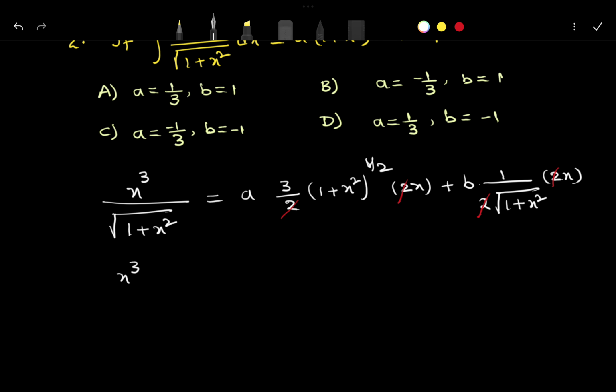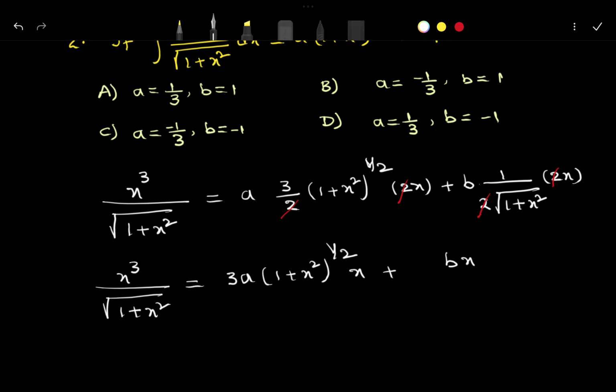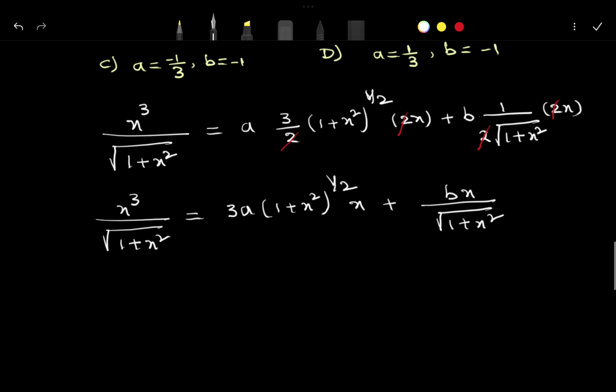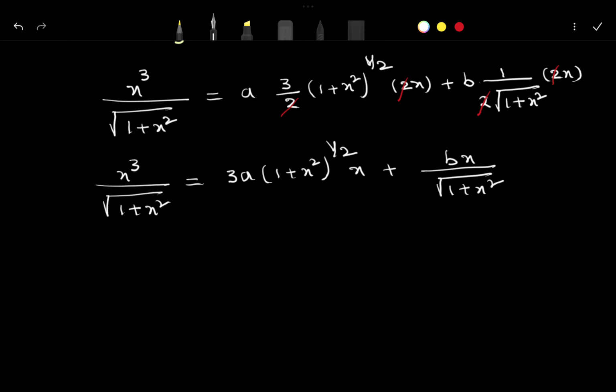Now what is the left hand side value? x cube divided by square root of 1 plus x square is equal to, this value will be 3a into (1 plus x square) to the power of 1 by 2 into x, plus b into x divided by root of 1 plus x square. Now you take the LCM on the right side.